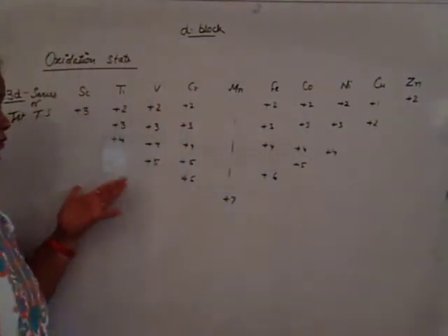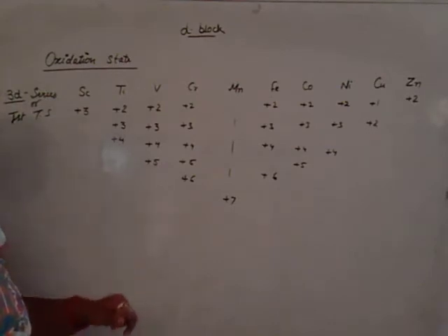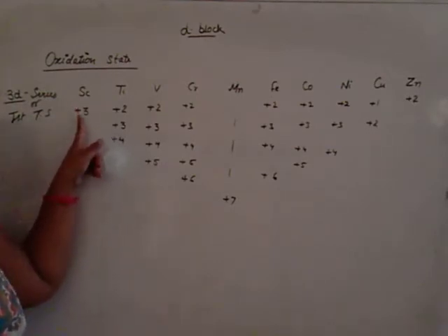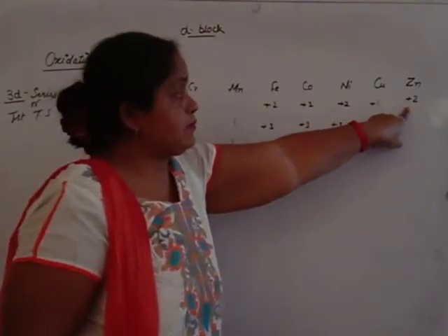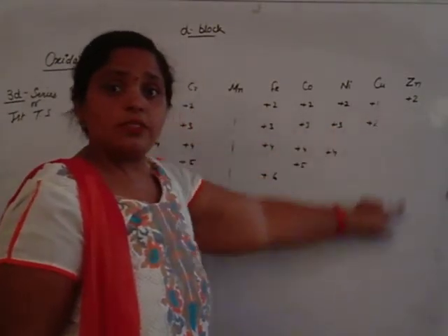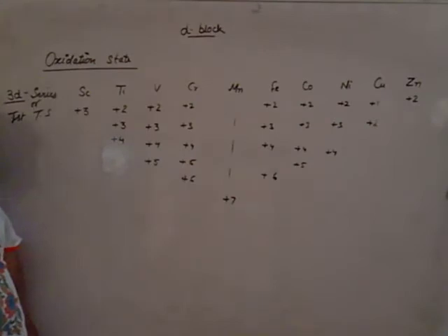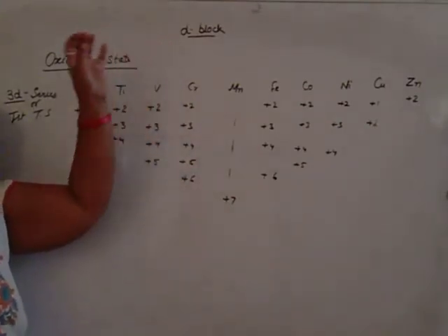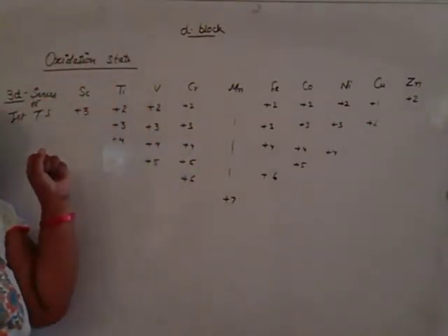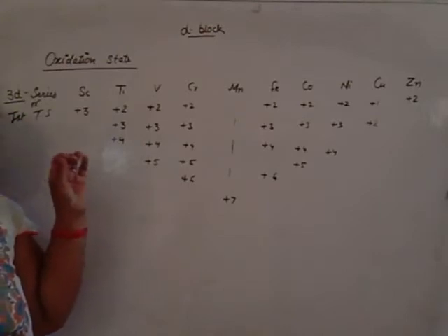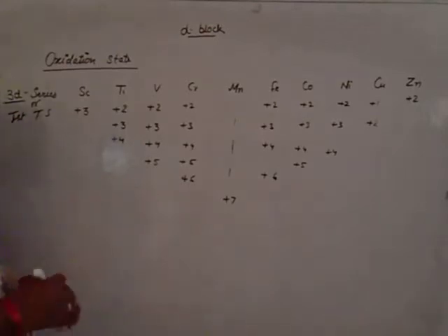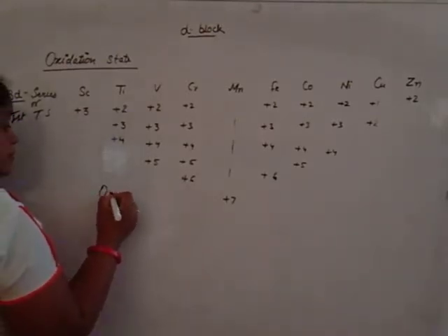First question, why does this happen? Second question, while the first member has only one oxidation state and the last member has only one oxidation state, which d block element has the highest oxidation state? The answer is osmium.